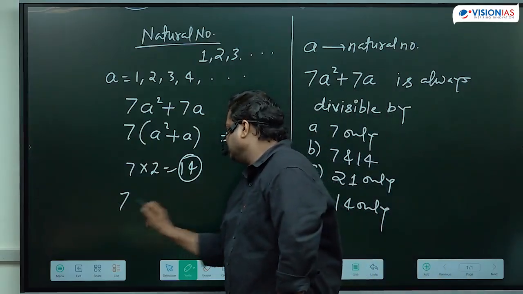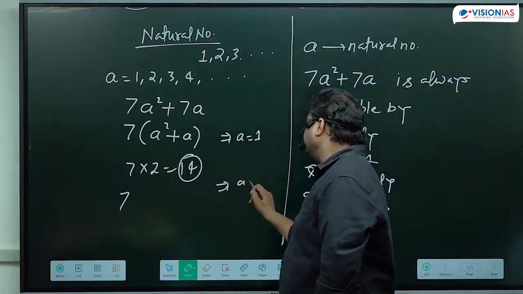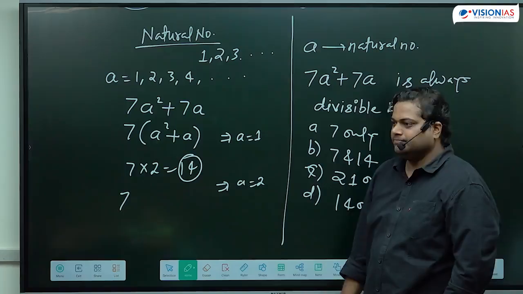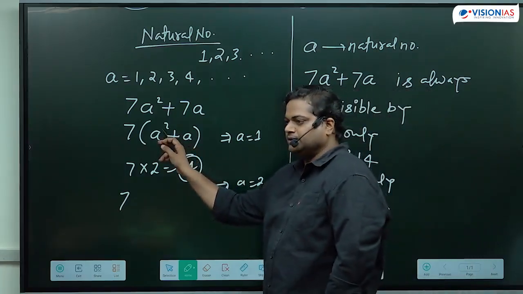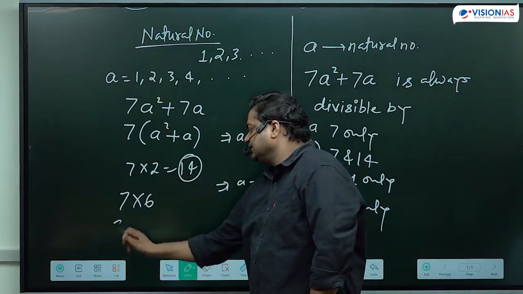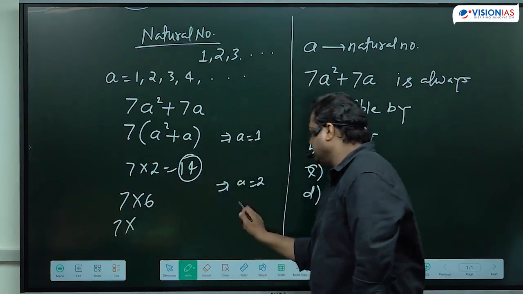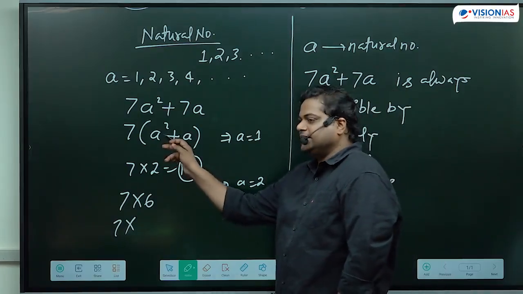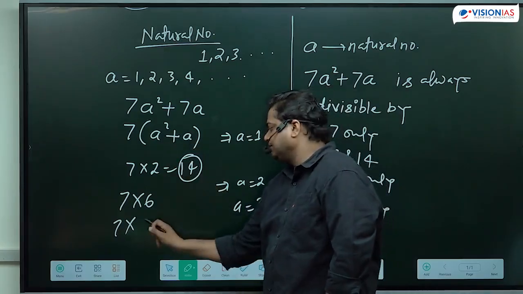Second number can be, if a की value I put 2, क्या हो जाएगा? 2 into 2, 4, 4 plus 2, 6, 7 into 6. Then a की value if I put 3, क्या हो जाएगा? 9 plus 3, 12.